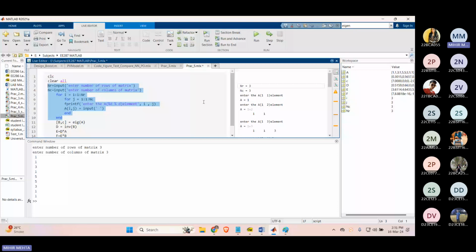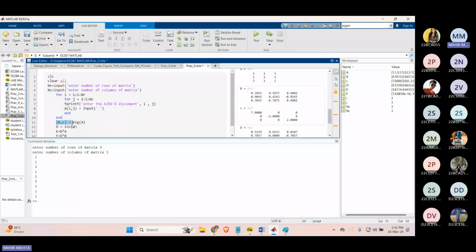So what I want you to do is just understand first how we form this particular matrix. Once this is done, you can simply write this command: [B, C] = eig(A).